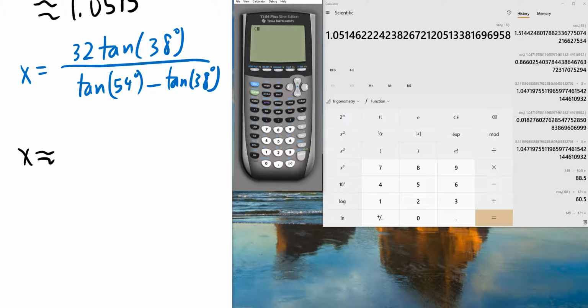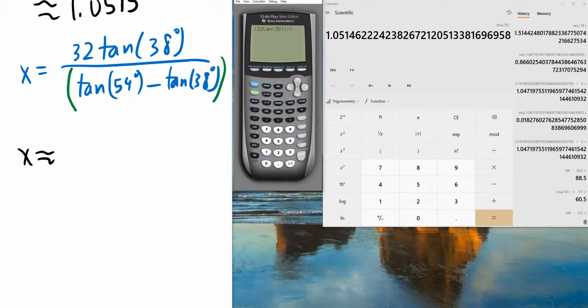On the top, I'm gonna wrap that with parentheses to put all the stuff in one parenthesis. So 32, I get tangent 38. Close the first and second parentheses. So that's the numerator. And it's degrees. I make sure the mode is in degrees. Now divided by. You must wrap this with parentheses. So you start with a parenthesis here.